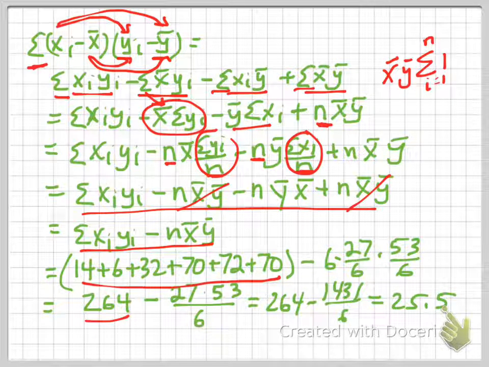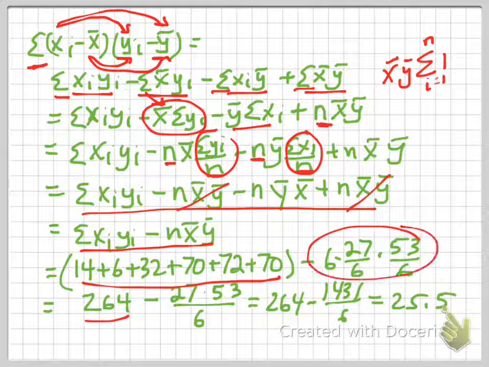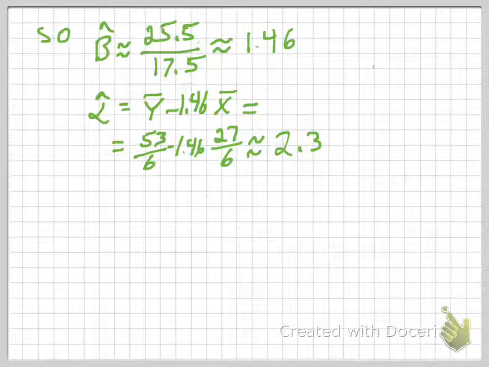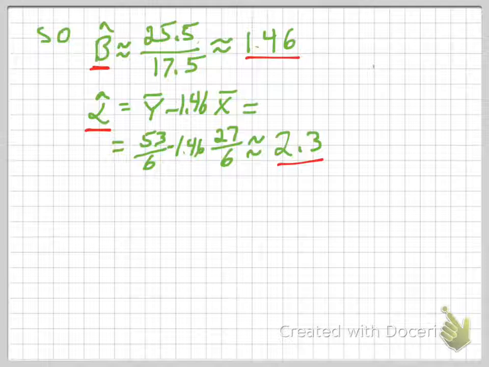Then I have this term here that I'm subtracting, and I'm going to end up with approximately 25.5. So now I've calculated the numerator and denominator in my expression for beta hat, so I get 25.5 over 17.5, which is approximately 1.46. And then I plug in the numbers for alpha hat, and I get approximately 2.3.